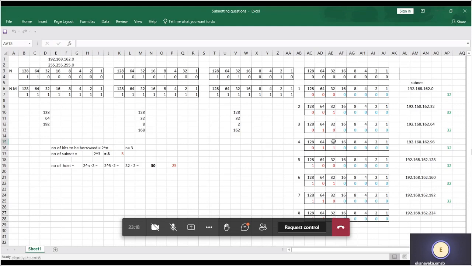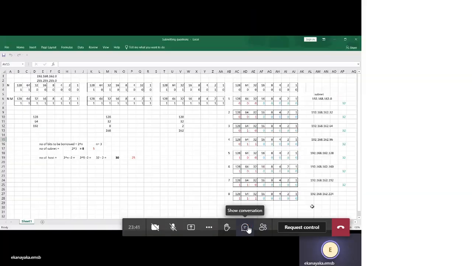Likewise I recognize all the possible patterns that I can make with these 3 bits, right? So these are the 8 subnet bit patterns, and these are the subnet network addresses which I have found accordingly, right?